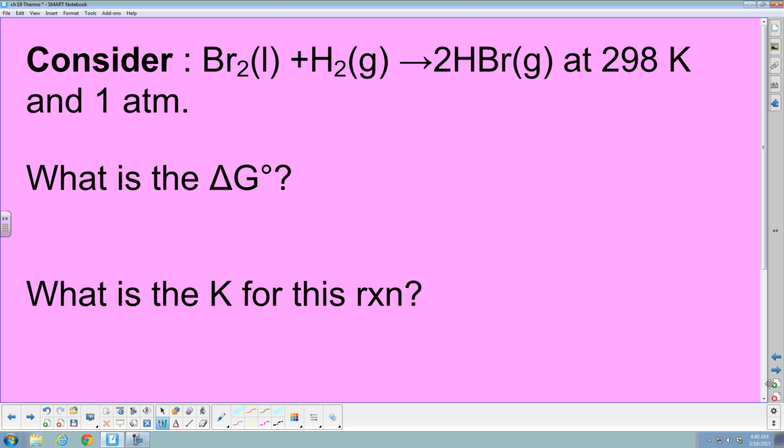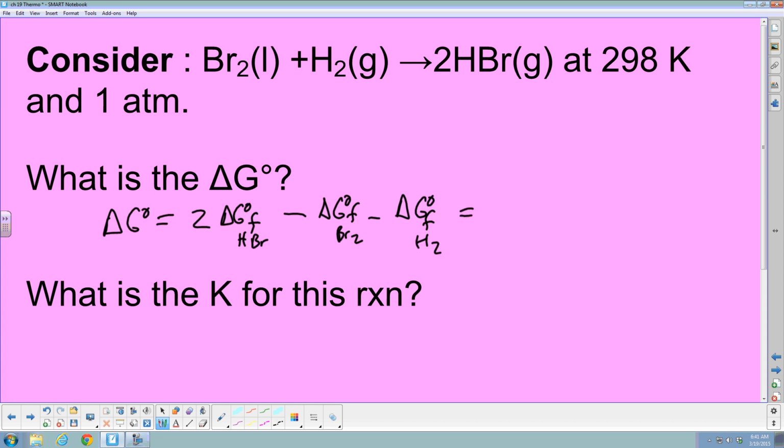Here you go. All right, when I looked at my values here, first of all, we're going to have to calculate a delta G prime, right? So my delta G prime is going to be equal to what? 2 times the delta G of formation of my HBr minus delta G of formation of my Br2 minus delta G of formation of my H2.